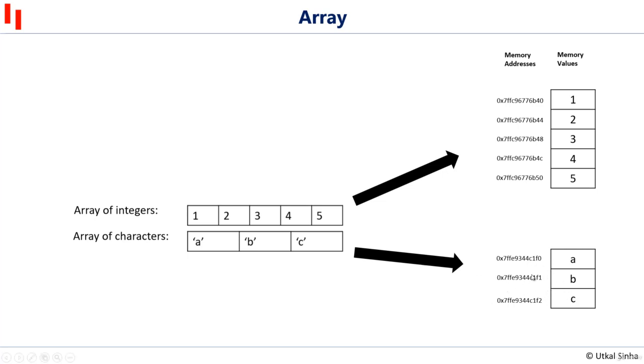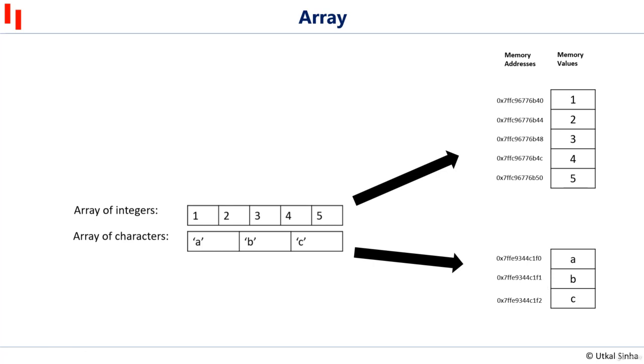So the next character B is just a 1 byte increment from the previous character A, and then followed by the next character C, which is again stored at location F2, which is a 1 byte increment from the previous address.